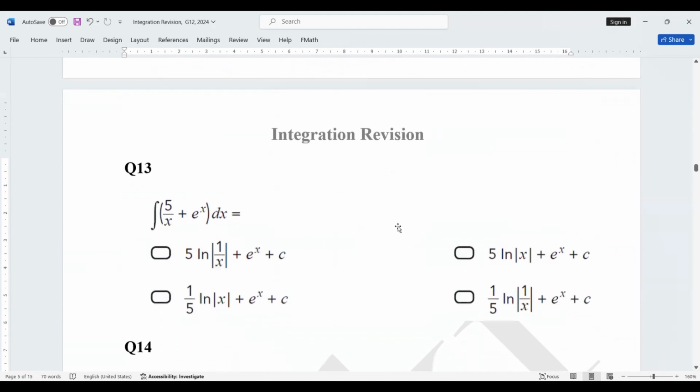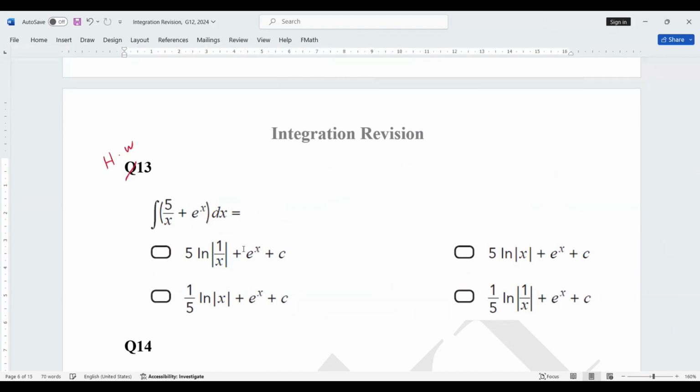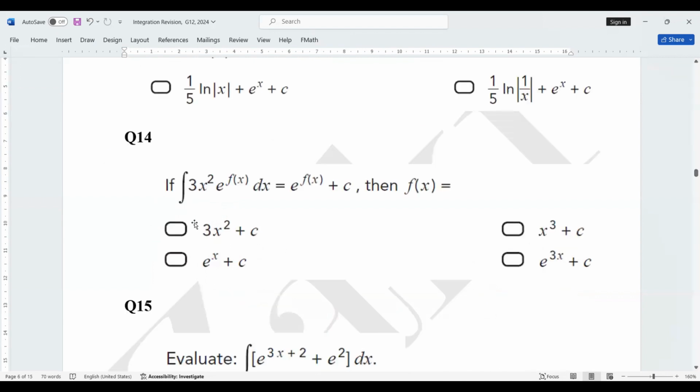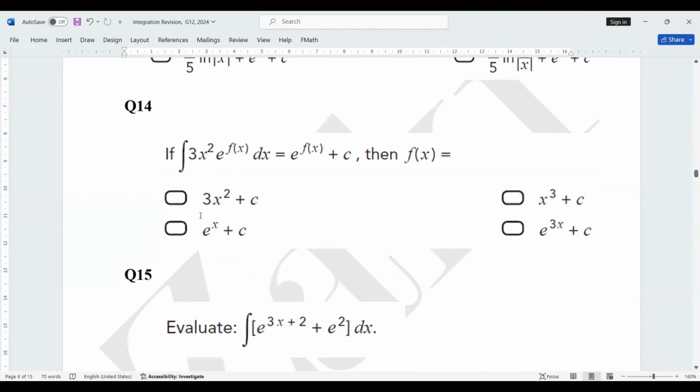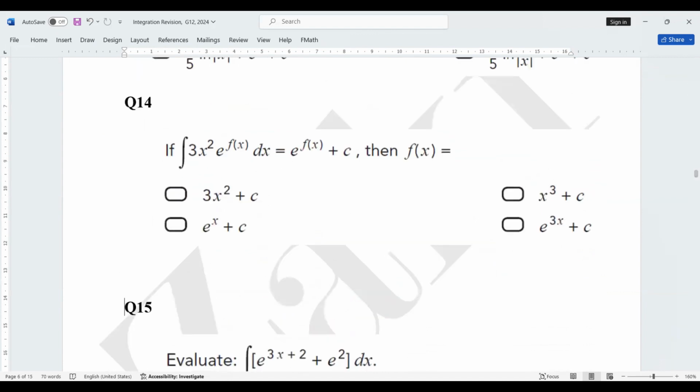Next question. Question number 13 will be a homework for you. Now let's try to solve question number 14. What is your answer?